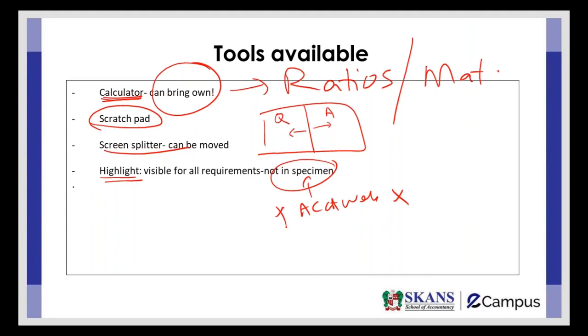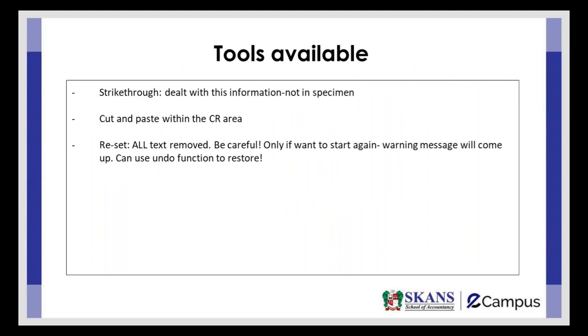So within the question, you can highlight to say, oh, I've covered this point. You can also strike through. In the question, if you've already covered a deficiency, you can strike it through to remember that I've covered this. I don't need to talk about this anymore. Again, it's not there on the ACCA website, but it is there in Campus Insight.